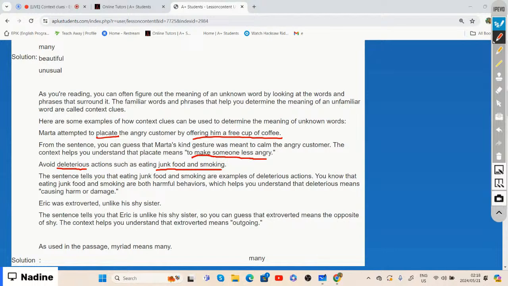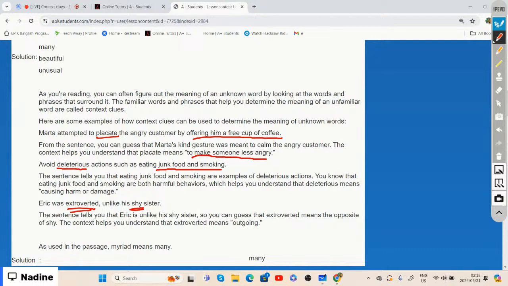So which means that if we look at the word extroverted compared to unlike, unlike is telling us it is not like his sister, right? So his sister is shy, and here we are saying that he's extroverted, right? It's like saying that he's not like his sister. It's like he's the opposite of his sister.